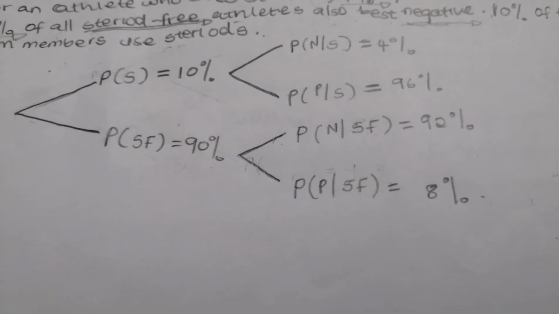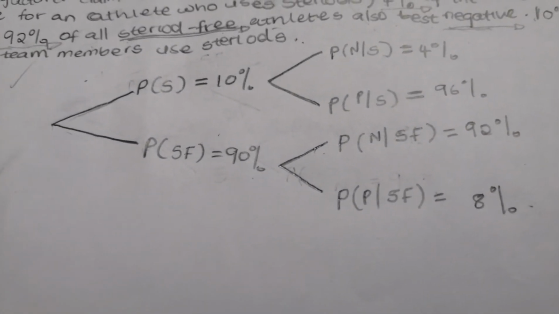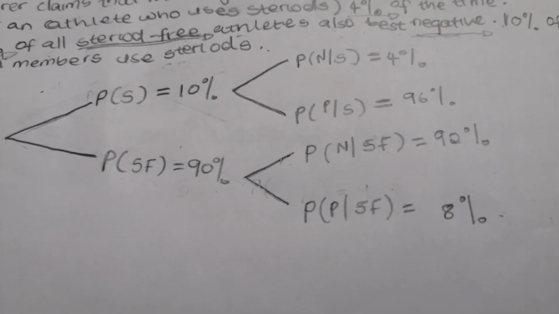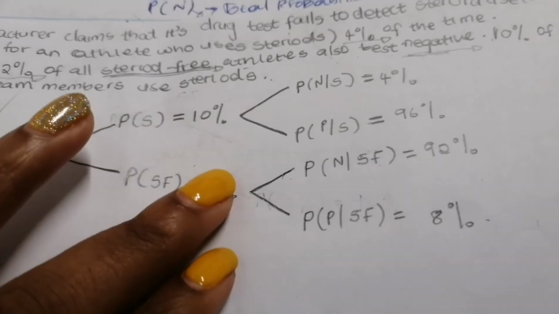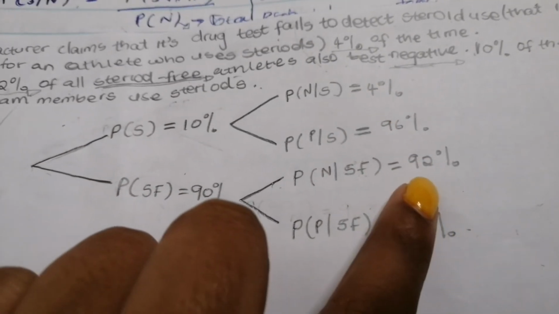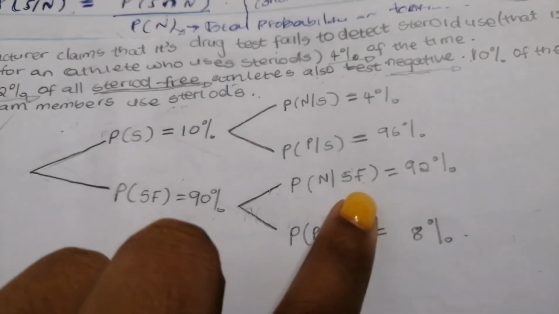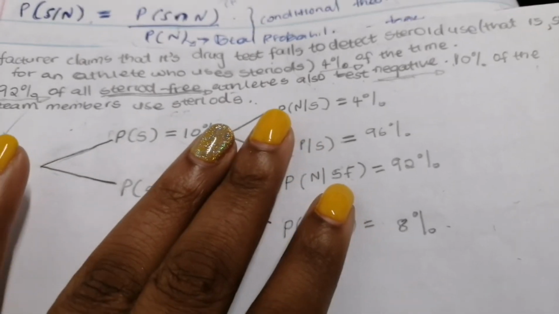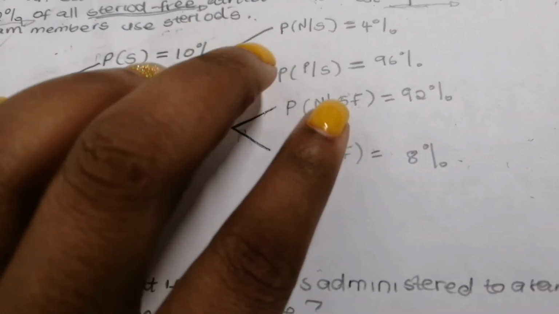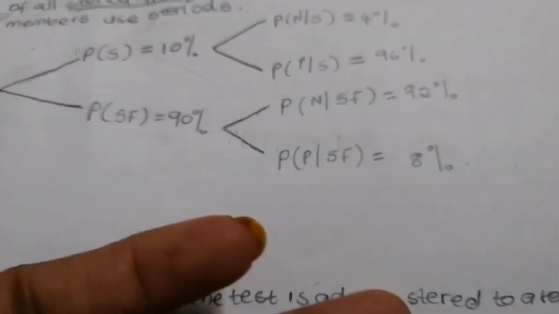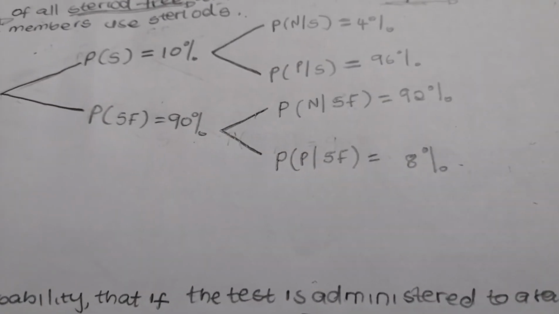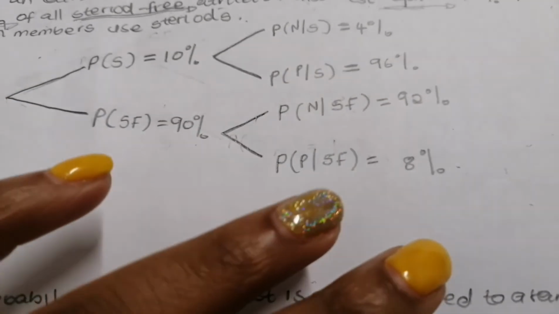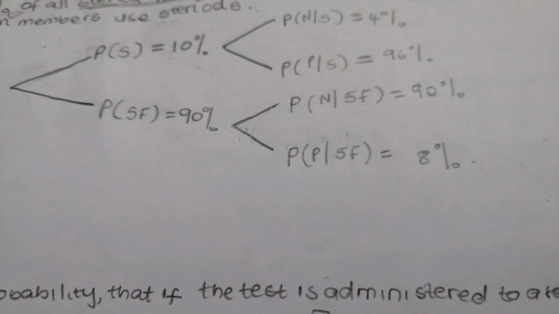They also told us that 92% of all steroid-free athletes also test negative. So 92% of steroid-free athletes tested negative, right? So it is the probability of N given that steroid-free. And then we can find the probability of P given that steroid-free.